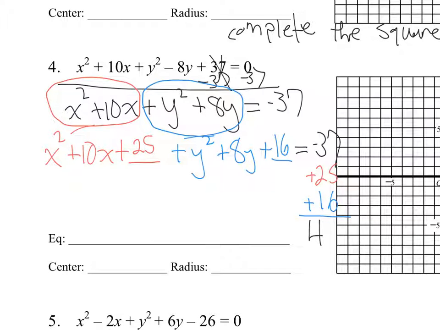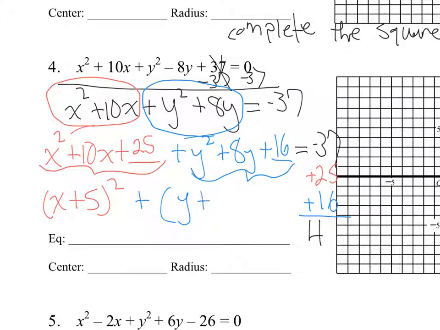Let's factor. This becomes (x + 5)², and factoring this, we get (y + 4)², and that equals 4. So that is your equation, which I'm going to write one more time, all in one color.